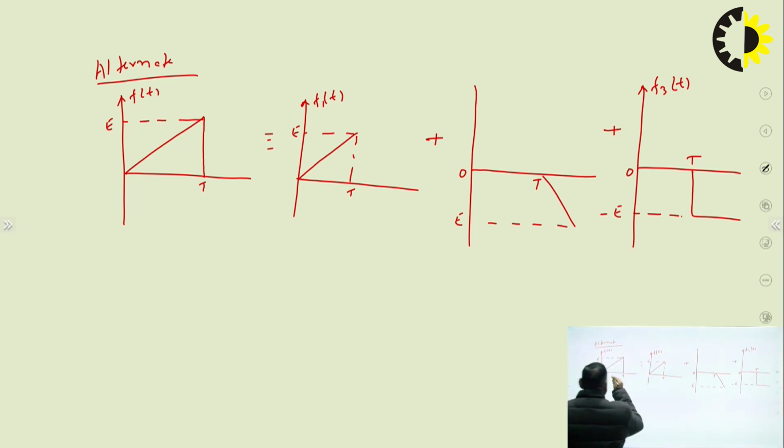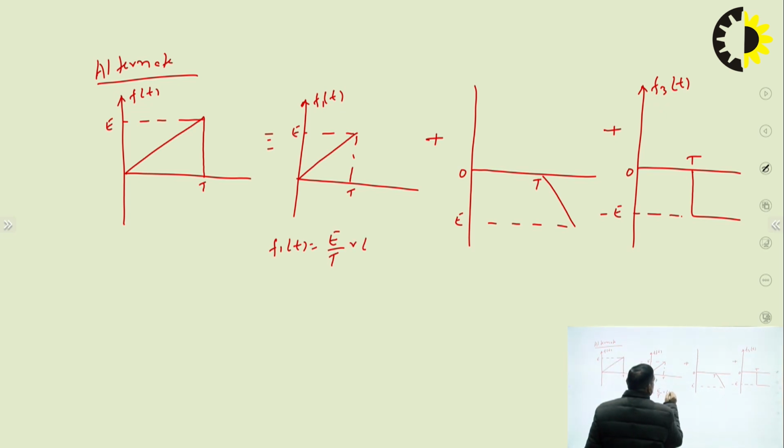So we can write. What is this f(t)? So f1(t) is equal to (E/T) t, so it is r(t). Okay. This is your f2(t).